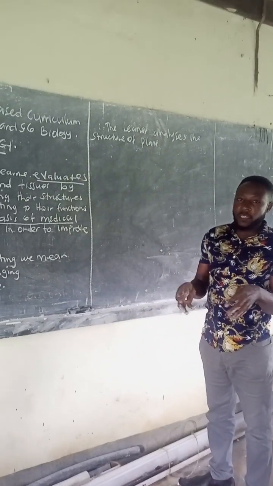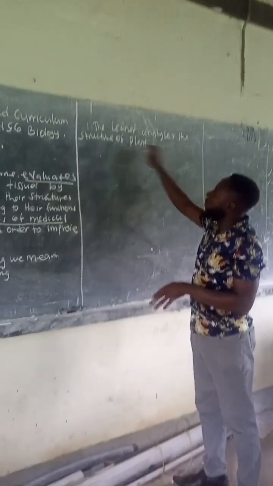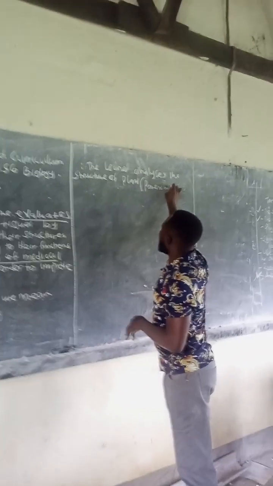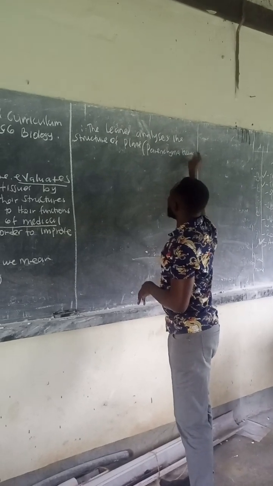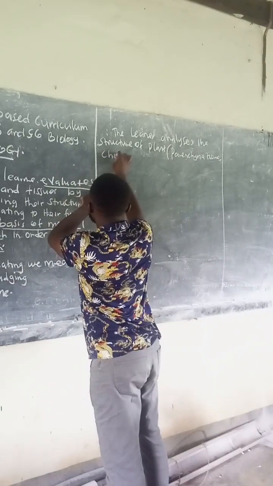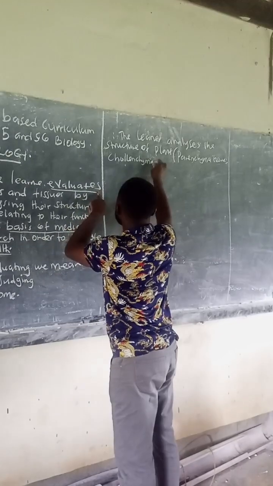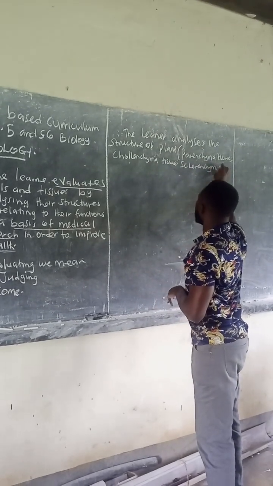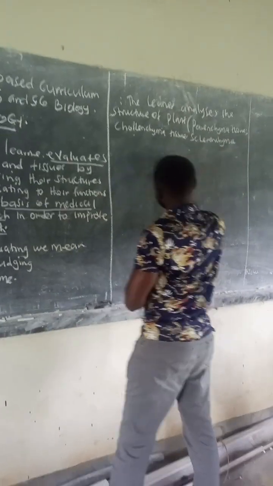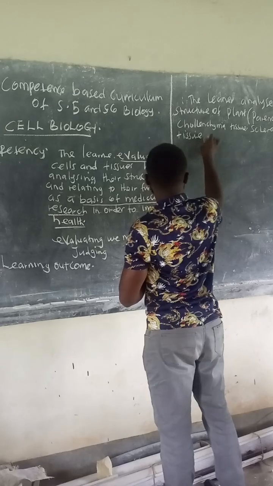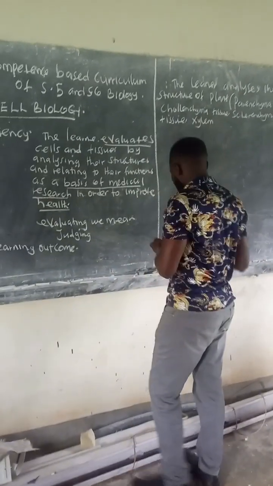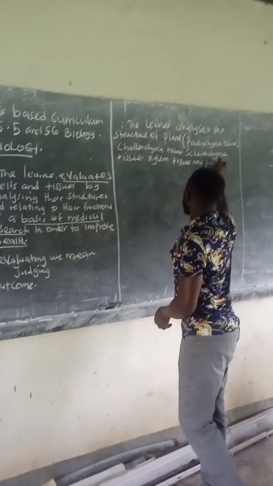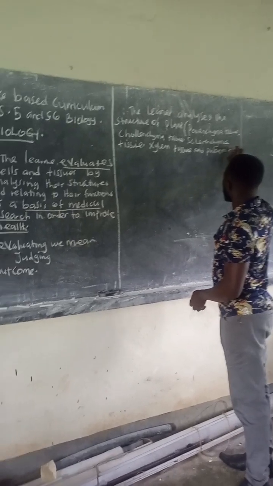It is already indicated in our syllabus book that the learner analyzes the structure of plants, and it is indicated in the bracket that the learner must talk about parenchyma tissue, collenchyma tissue, sclerenchyma tissue, xylem tissue, and finally phloem tissue.